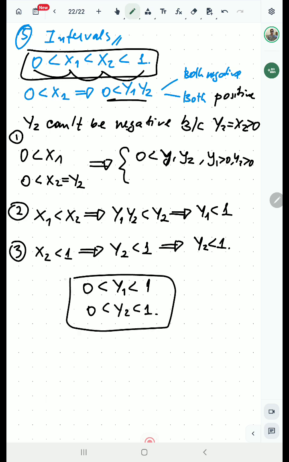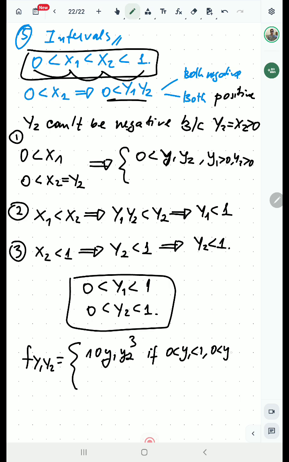Okay, so we can now say that f(y1, y2) is equal to 10 times y1 times y2 cubed if y1 is within 0-1 and y2 is within 0-1, and 0 if else. That is all.